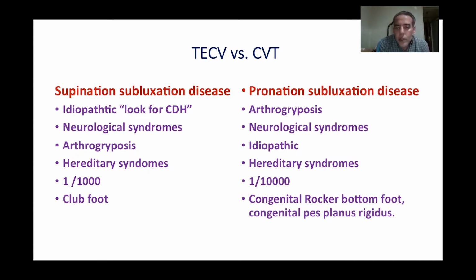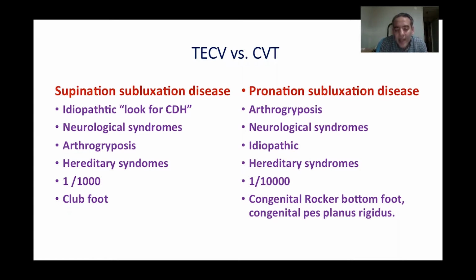As for congenital vertical talus, it's a pronation subluxation disease of the subtalar. Congenital vertical talus is commonly part of syndromes like arthrogryposis, neurological syndromes like spina bifida. It might be idiopathic, and it's sometimes associated with hereditary syndrome, and it's very rare compared to talipes.